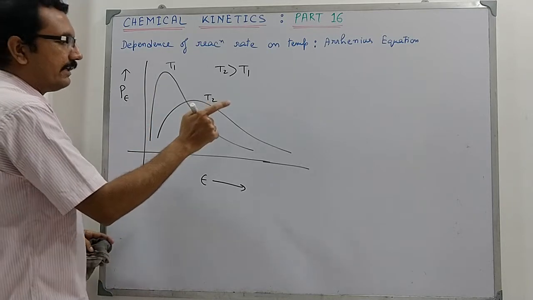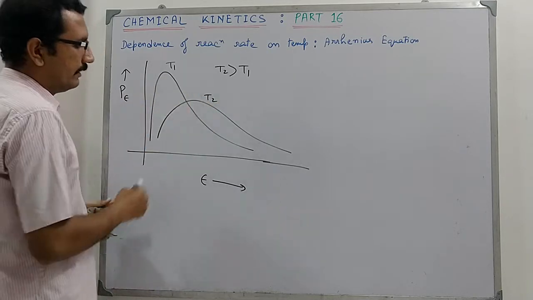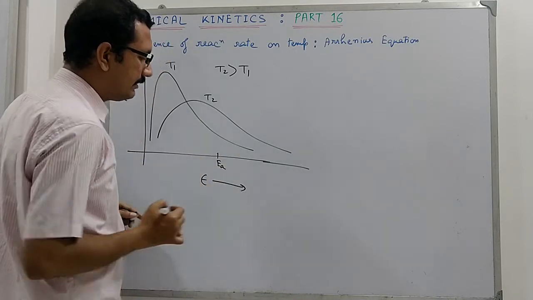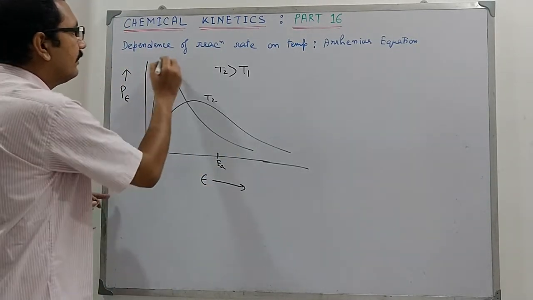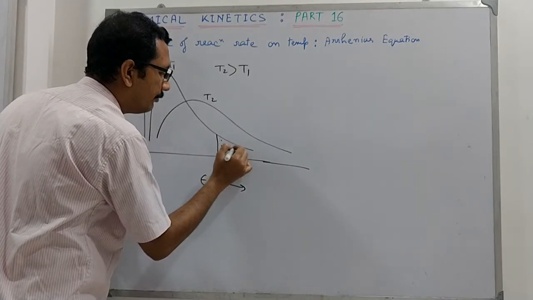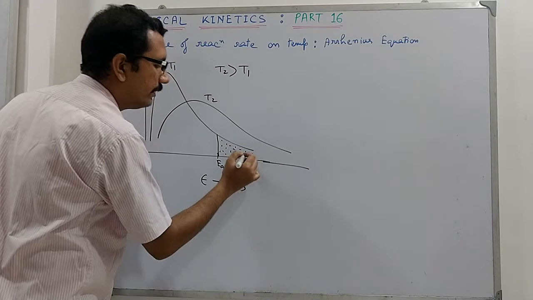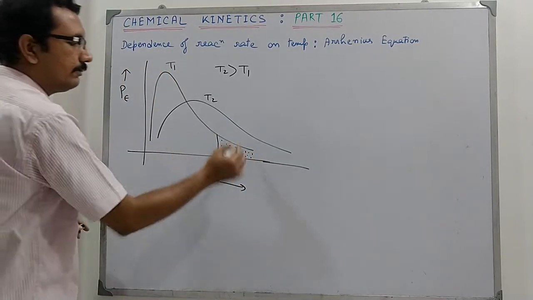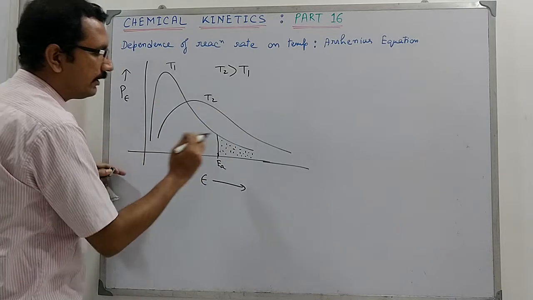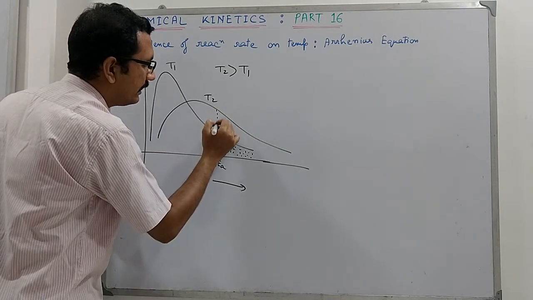Now for a particular reaction, you are increasing the temperature. So a particular reaction is assigned a particular activation energy, say this one. Now at temperature T1, this number of molecules are eligible to cross the barrier. So you have the rate corresponding to this number. Now when you increase the temperature, more and more molecules enter into this activation energy domain.